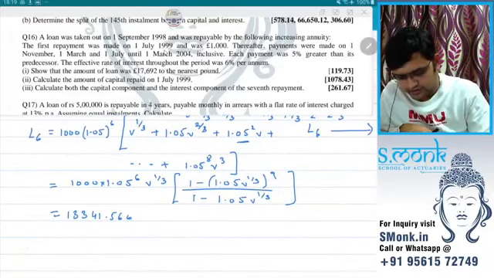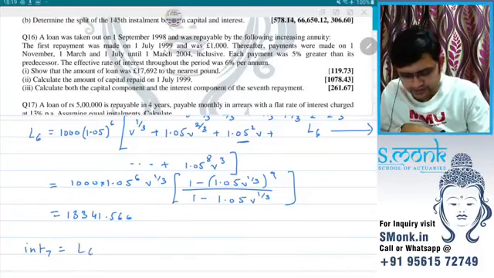Now you can calculate interest component. Say 7th payment would be L6 into effective rate of interest, that would be I 3 by 3.